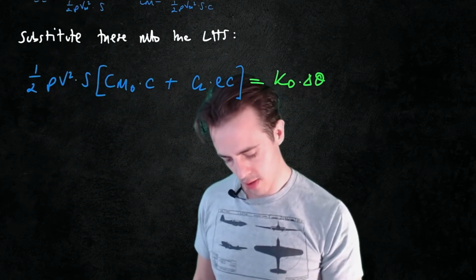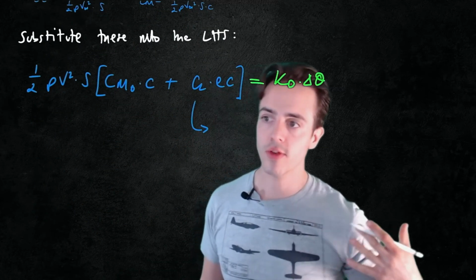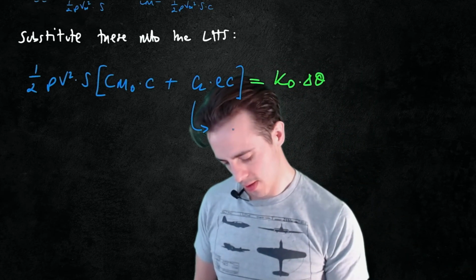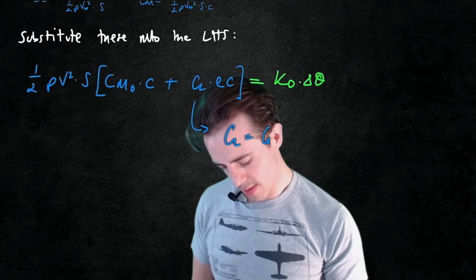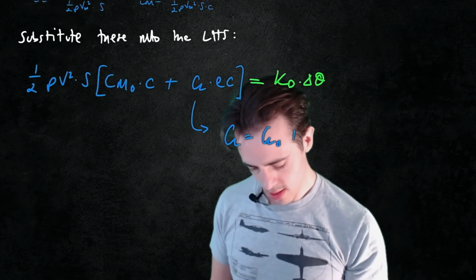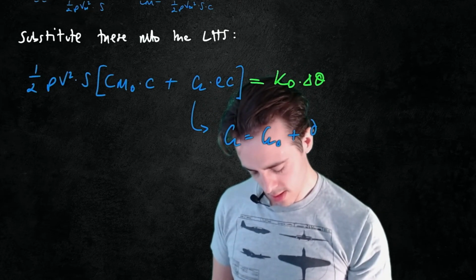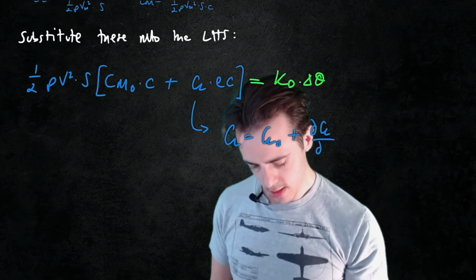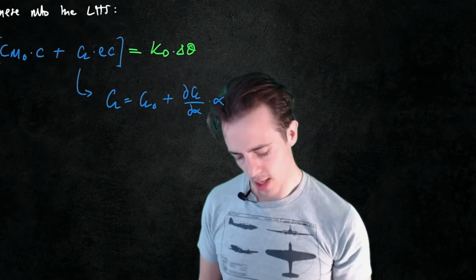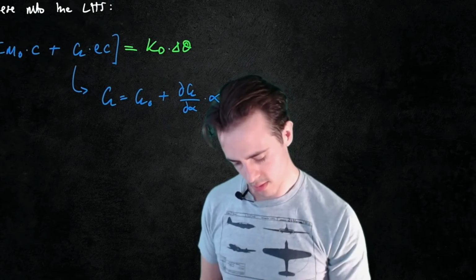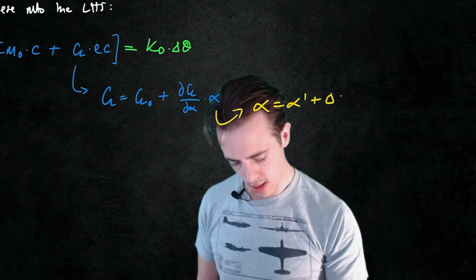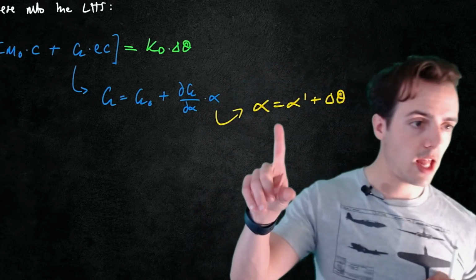Now we know that again we've got linear aerodynamics for our aerofoil. So CL is going to be equal to the zero incidence lift coefficient plus dCl on d alpha multiplied by alpha. And we also know that alpha is equal to alpha prime plus delta alpha. So this is the actual angle of attack.